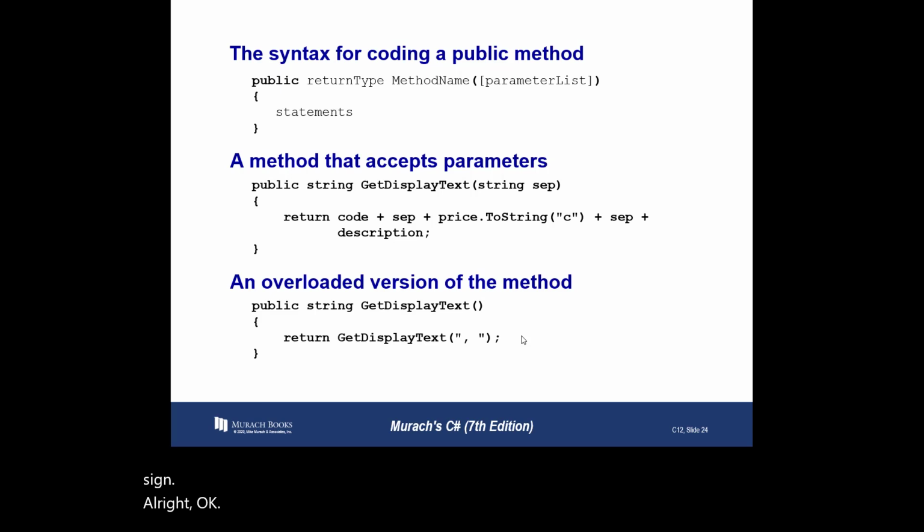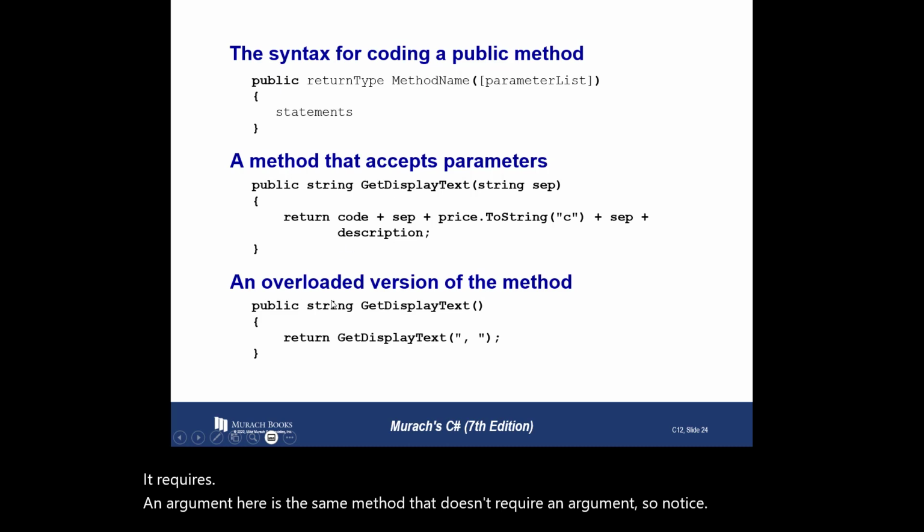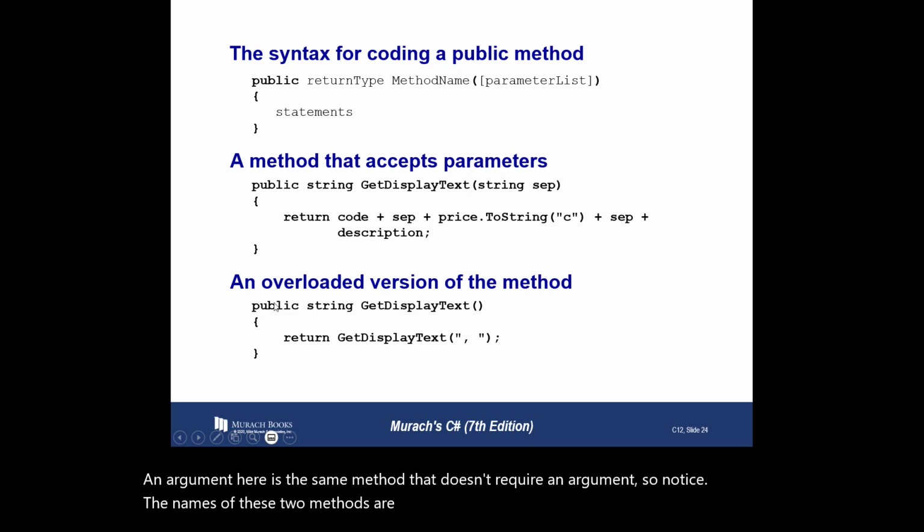So again, most methods are going to be public. Here's an example of a method that requires an argument. Here's the same method that doesn't require an argument. So notice the names of these two methods are the same. Public string GetDisplayText, public string GetDisplayText.